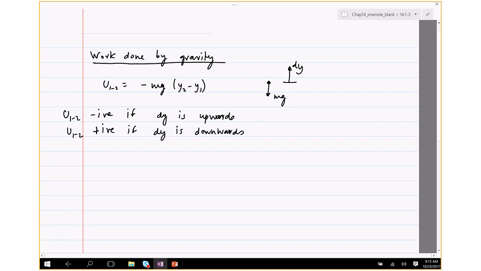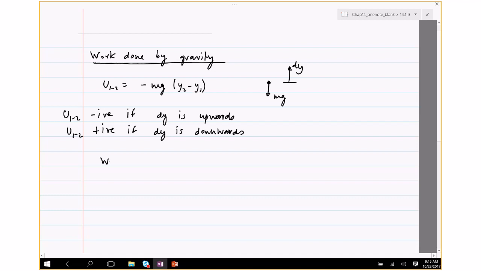And the simple reason is because mg acts downwards. If the displacement is downwards, the force times displacement is going to be positive because it's moving the mass downwards. If, however, force is applied downwards but the mass is moving upwards, then they are in opposite directions, which means you need to take the negative sign.